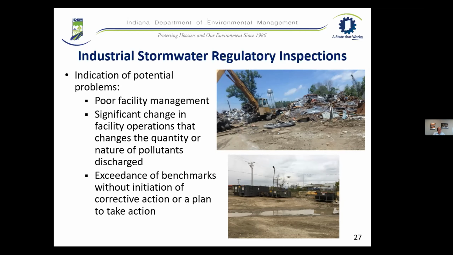And then we're going to start looking at what kind of changes occurred at your facility that may have prompted that. But once again, that's your responsibility as a permittee. You should be looking at those things and trying to address them as you move through your permit cycle.